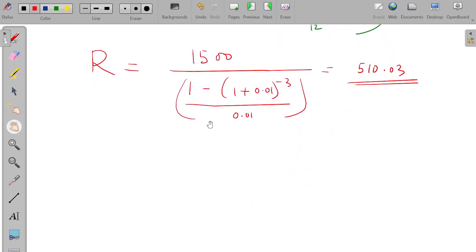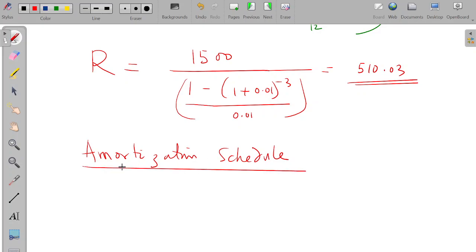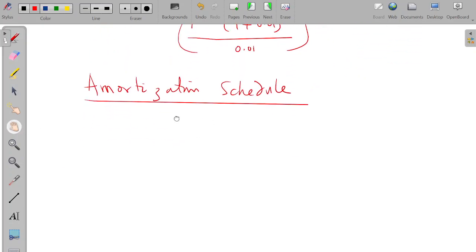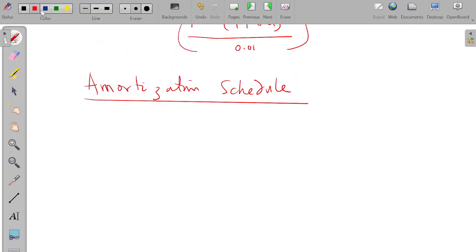Now we want to do an amortization schedule for the 3 months. So we have our period, which is 1, 2, 3. We are just doing it for 3 months.